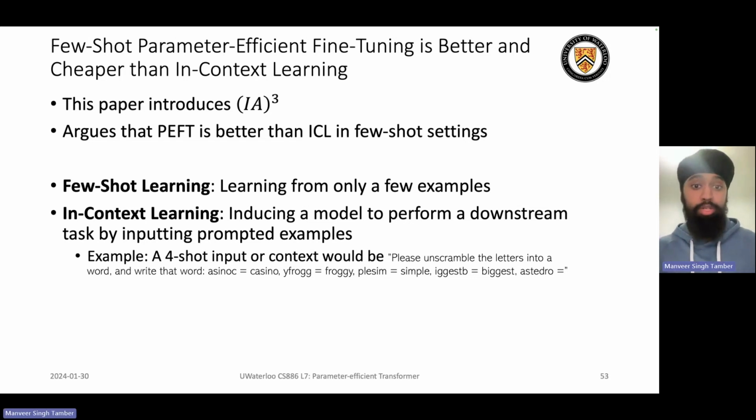So we're asking the model to unscramble these letters and write the word out. And so here are 4 examples. For example, ASINOC gets unscrambled to casino. Right? And so we wanted to unscramble that last example, ASTEDRO, and it would hopefully unscramble that to roasted.